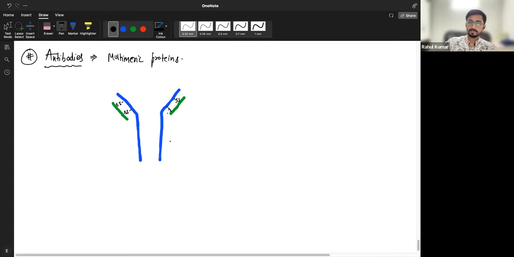So this is a heavy chain and this is a light chain. So this structure is known as H2L2, heavy 2, light 2. Make sense?